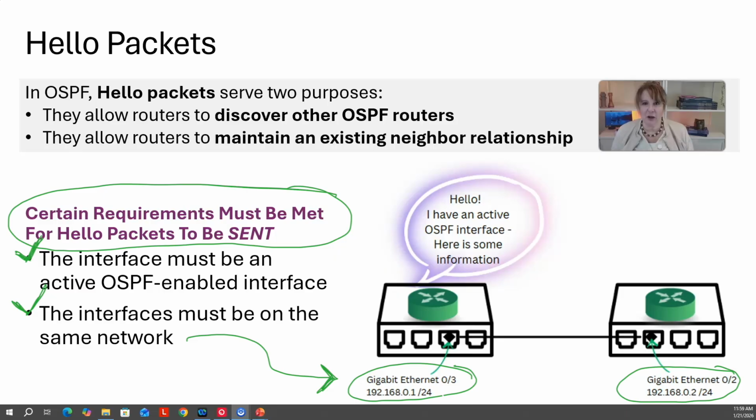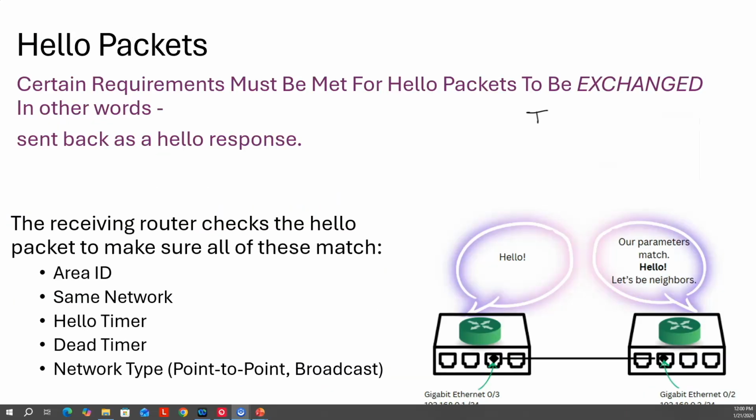Let's discuss hello packets and initial communication. When a router receives an OSPF hello packet, it doesn't automatically respond. Instead, the receiving router checks the parameters inside the hello packet to make sure they match its own settings.